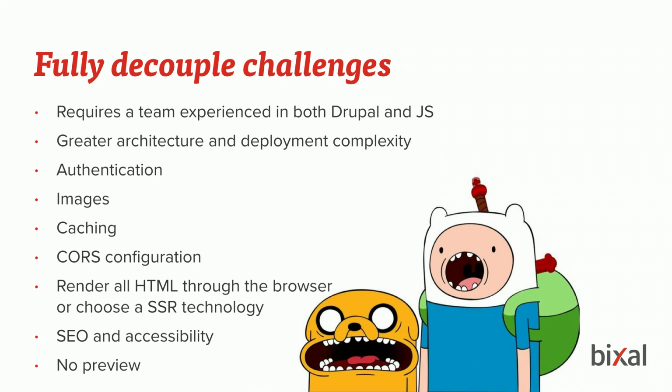The last one is also a very huge one, specifically if our needs or our editors are very reliant on the preview features of Drupal 8. There will be no more previews in our decoupled architecture, because we render something entirely different with another technology. I've seen a couple of ways of solving this.